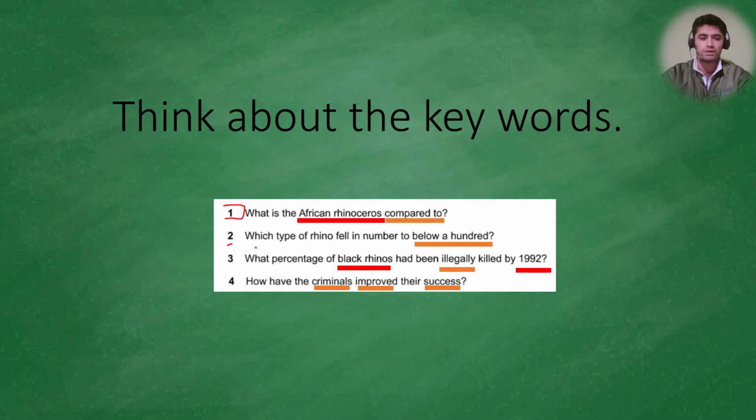Question 2. Which type of rhino fell in number to below 100? Number 3. What percentage of black rhinos had been illegally killed by 1992? Number 4. How have the criminals improved their success? So the keywords here are criminals improved their success.